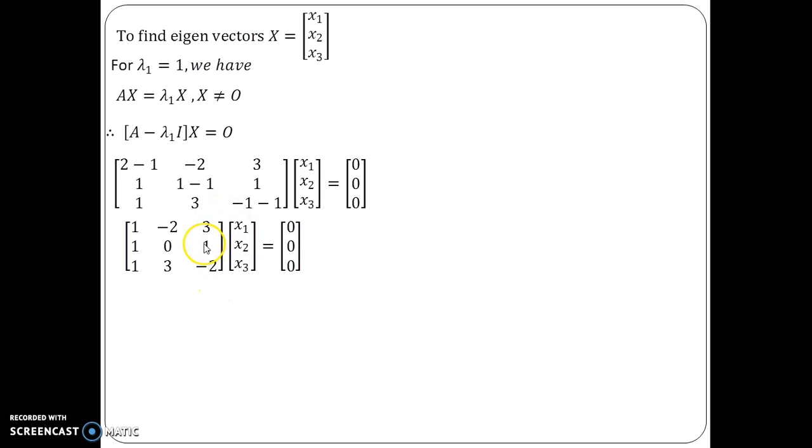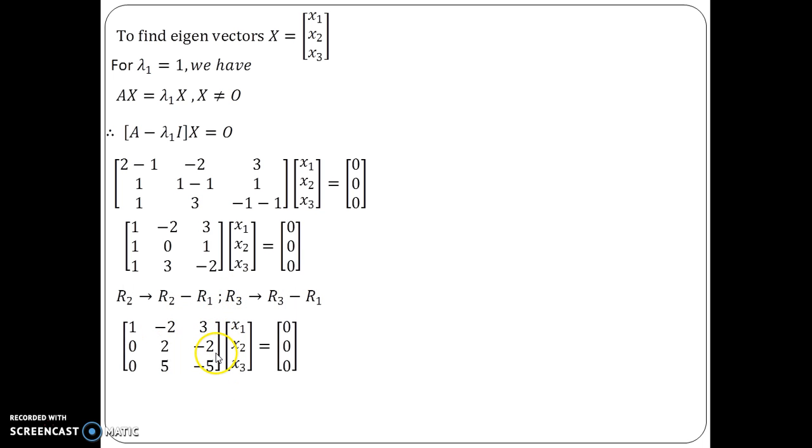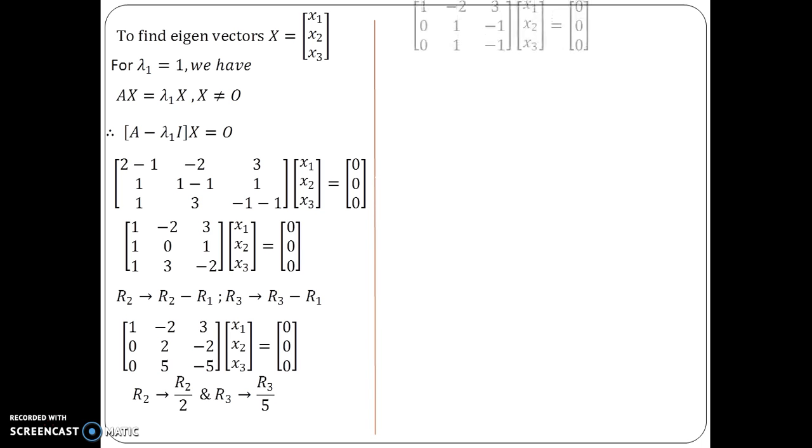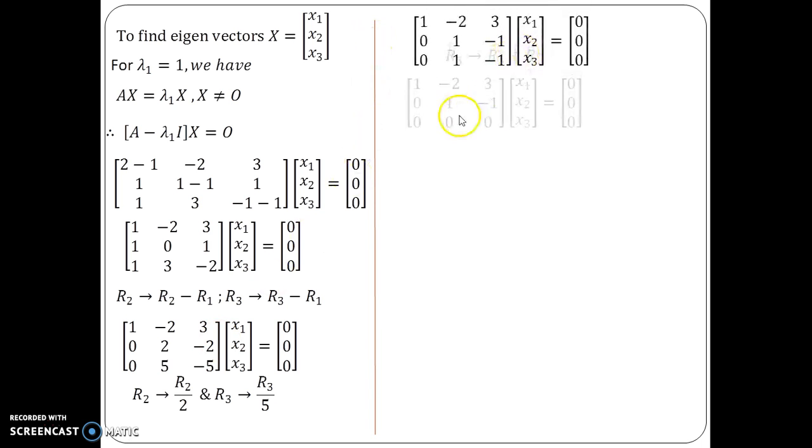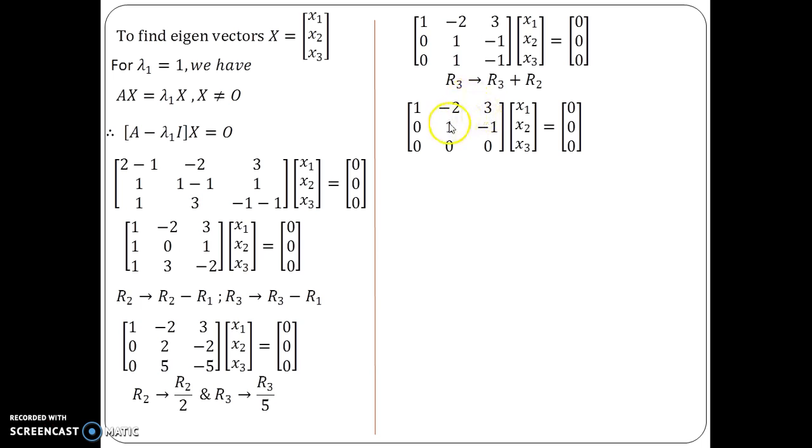So you are allowed to use only row transformations. Using these row transformations, I am going to reduce it into row echelon form, and so finally I have my row echelon form available by doing the following row transformations.